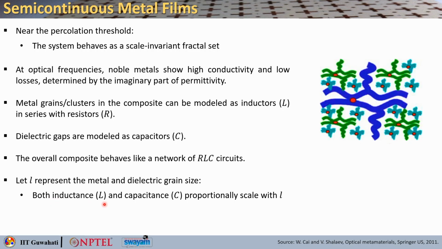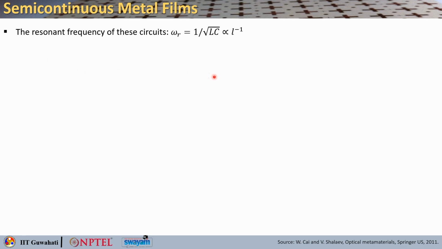So you can see that both the capacitance C and the inductance L proportionately scale with this size L. Okay. So you can consider the resonant frequency for this kind of circuit, omega r equals 1 by square root of LC, that is proportional to 1 by L, the size of those grains.